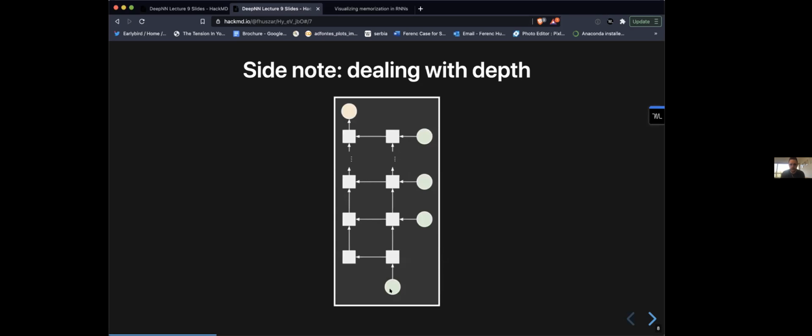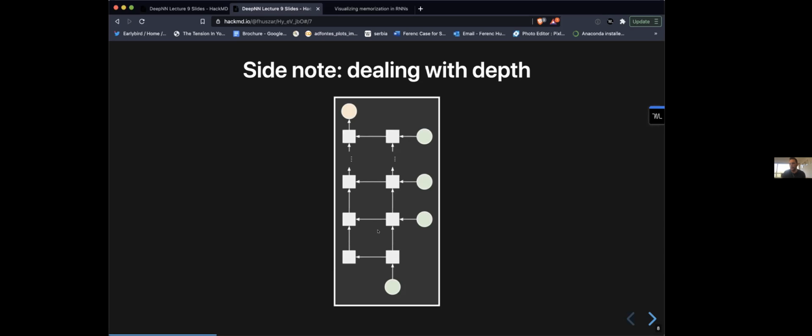So if you consider the relationship between the very first entry in the sequence and the very last output, you can see that there are many, many layers between them. And depending on the sequence length, the depth of this computational graph is actually dynamically changing, and it can be very long. So it can be hundreds or thousands of time steps, or hundreds or thousands of layers, essentially.